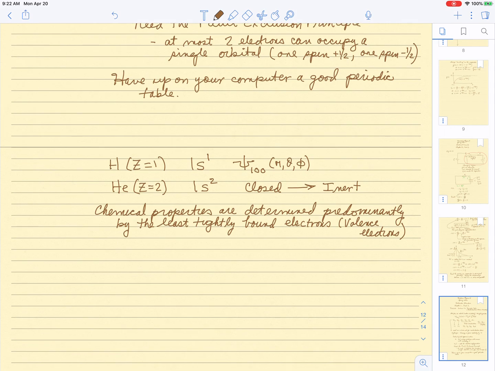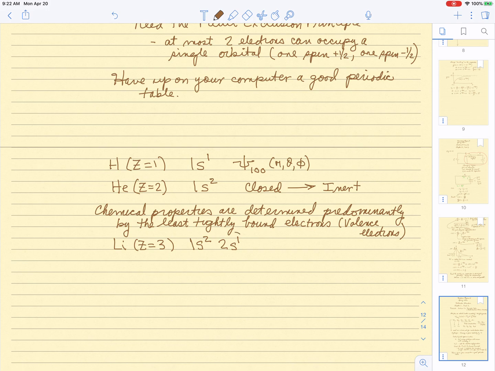So now if we go to lithium, Z equals 3, 1s2 is the first orbital, and it can only handle 2 electrons, so we've got to go higher in energy. And so then this will be 2s1.